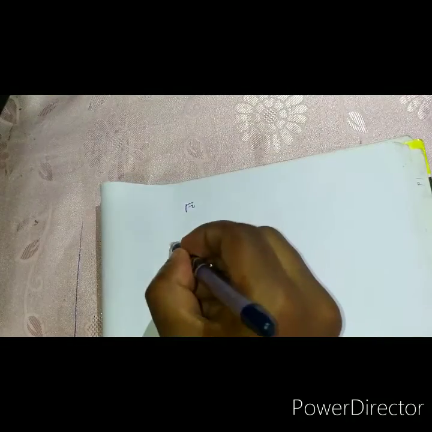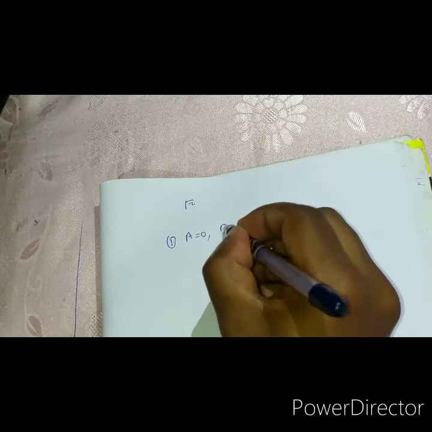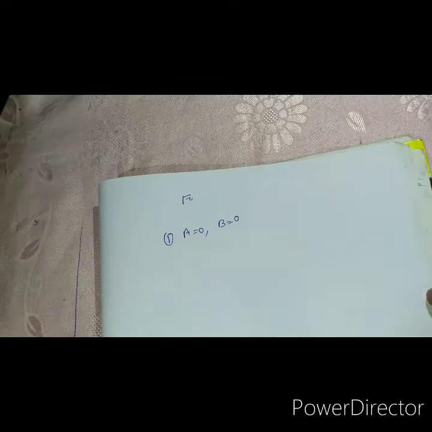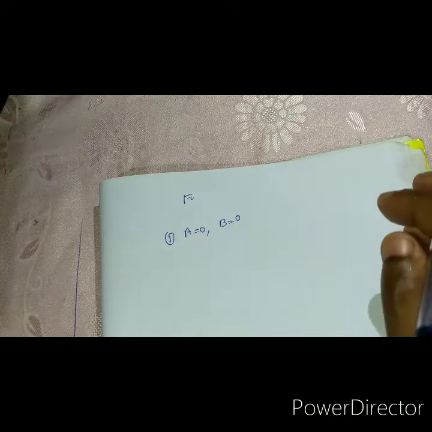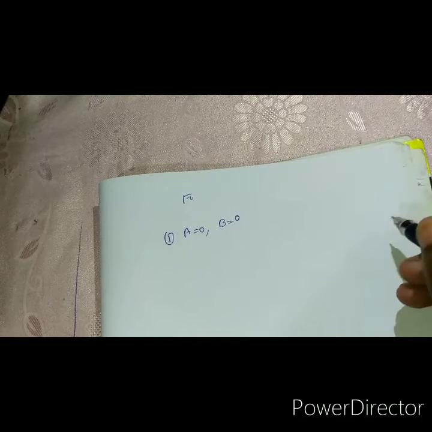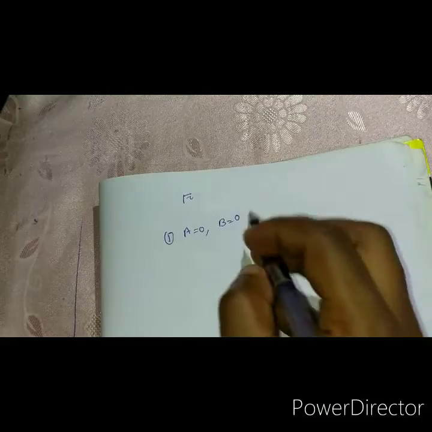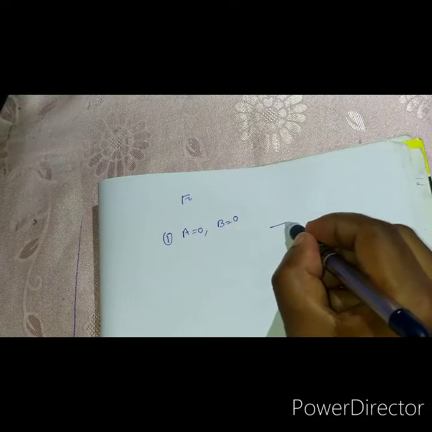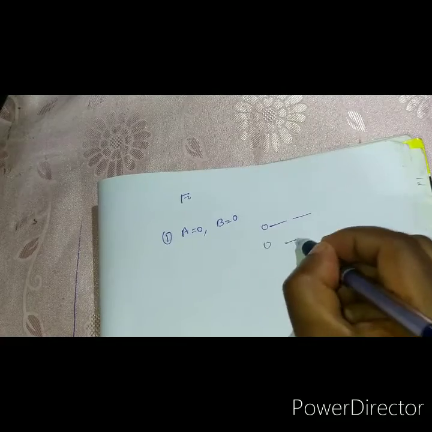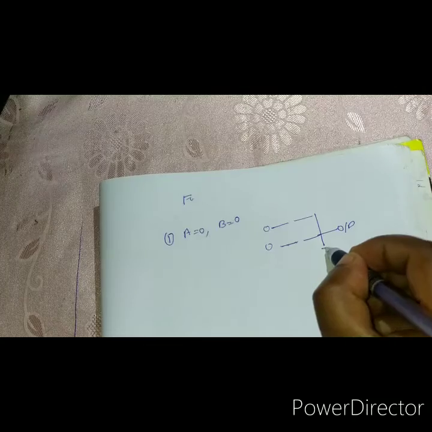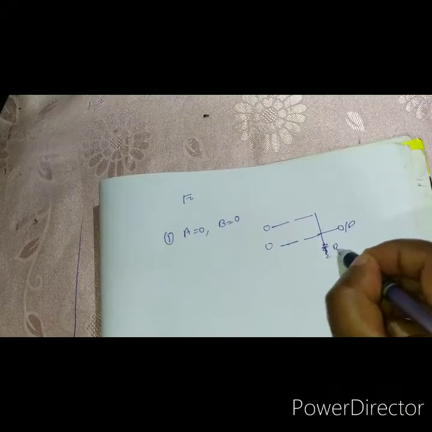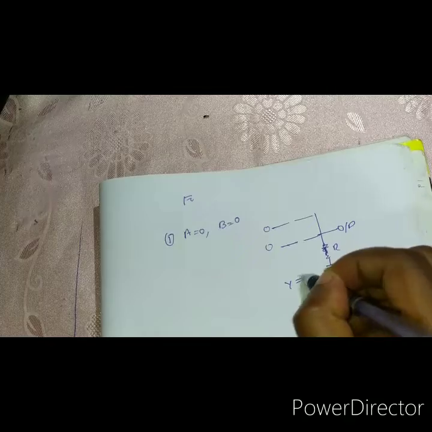For example, if we consider A equal to 0 and B equal to 0, the diode is off because the anode voltage and cathode voltage are equal, which is equal to the ground voltage. So it will be 0 and this is also 0. This is the output. It is connected with a resistor and it is grounded. So Y is equal to 0.